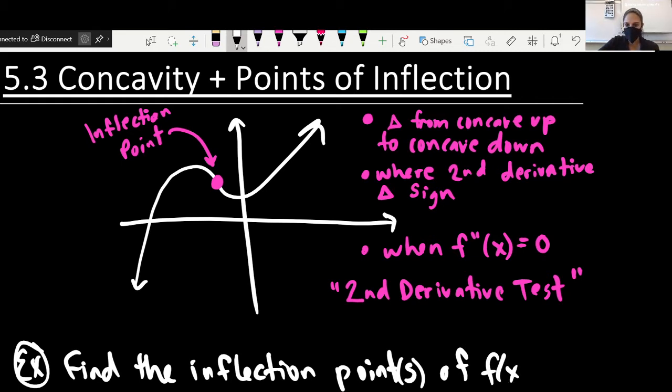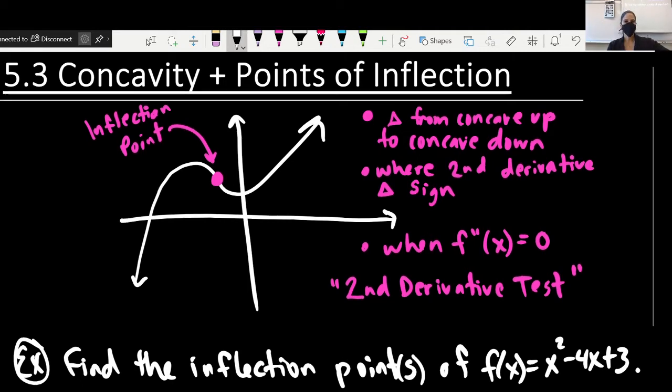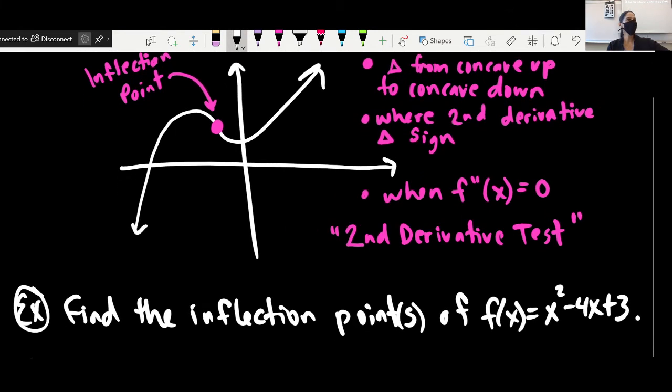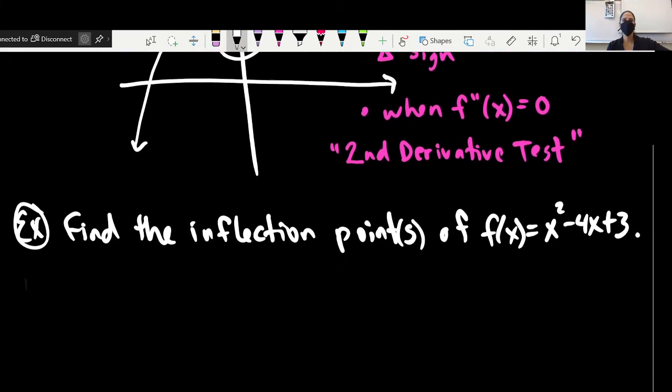We're going to do f of x equals x squared minus 4x plus 3. Can I move this up? Are we okay to move on?